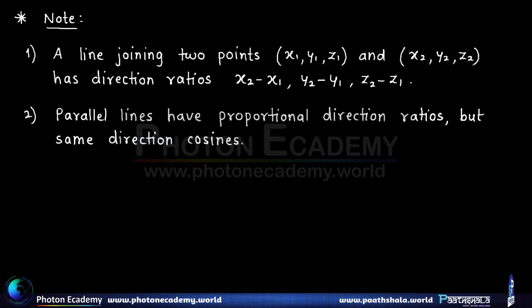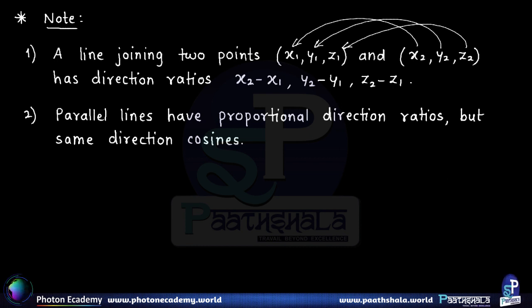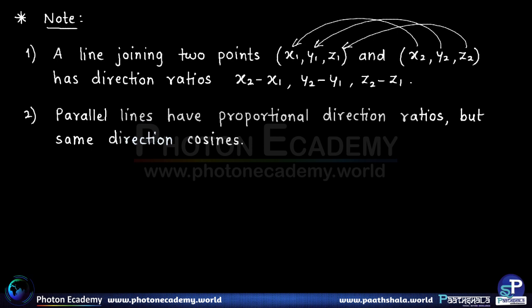So basically what this means is that if we are given 2 points and if we want to find out the direction ratios of a line joining 2 points, then the differences of their respective coordinates can be taken as direction ratios. Right? So what we have to do is merely subtract the corresponding coordinates, and those values will represent the direction ratios of that line.